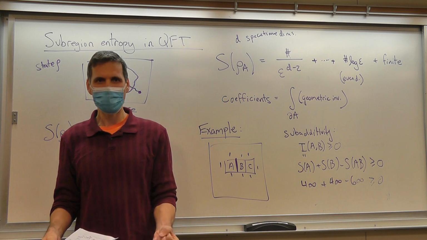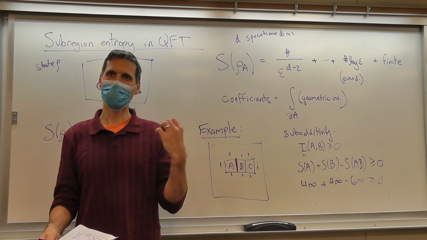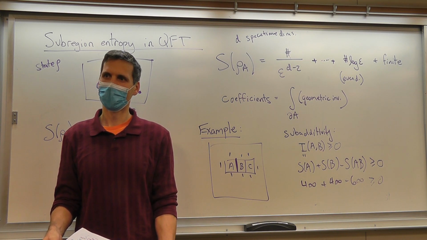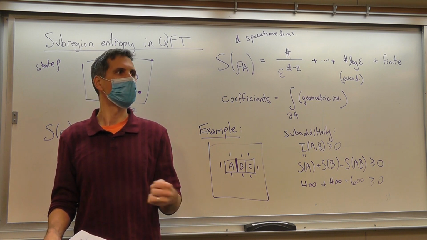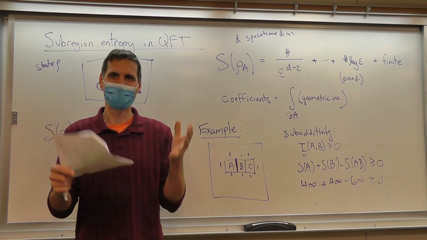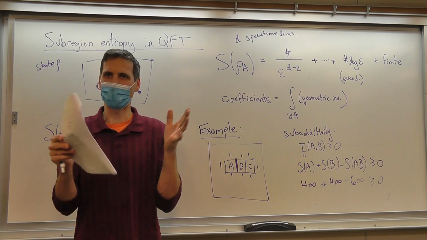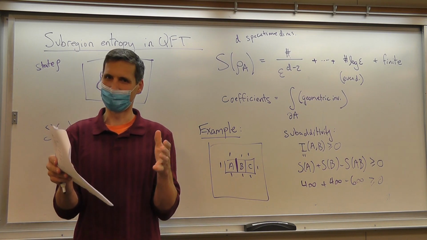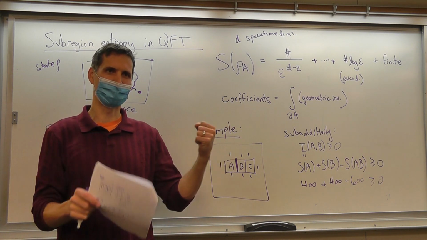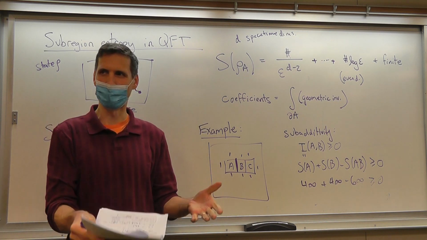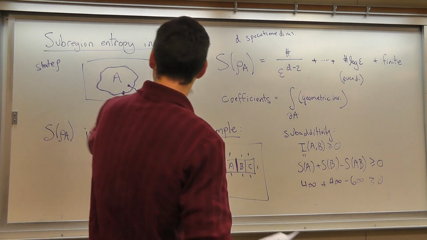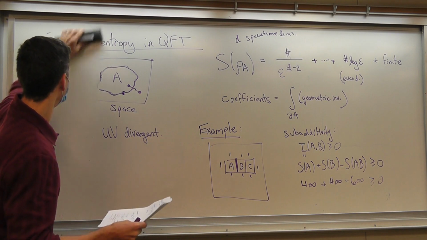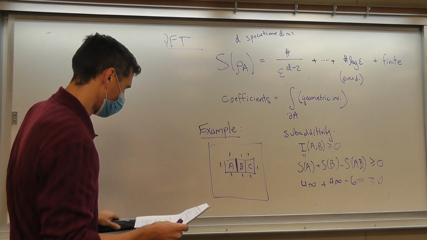There's vacuum entanglement, which dominates at short distances, and there's the entropy of the stuff that's actually there. You have a bunch of particles flying around and they contribute to the entropy. And that's true in general.